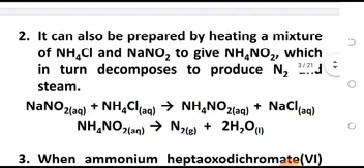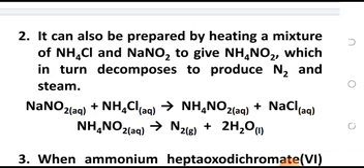So then the second method of preparation of nitrogen is by reacting ammonium chloride and sodium dioxonitrate 3, that's NaNO2, by heating the two of them together to give us ammonium dioxonitrate 3.